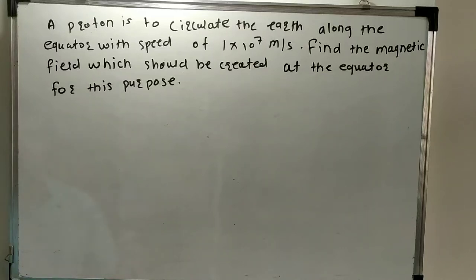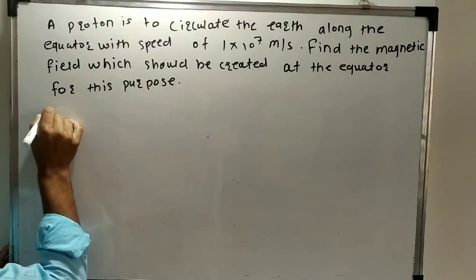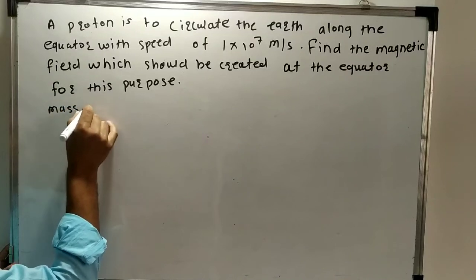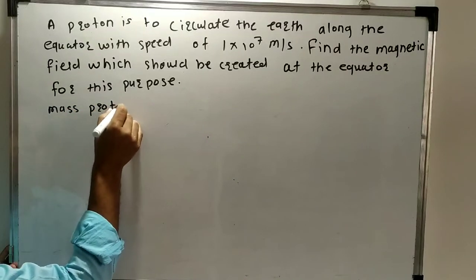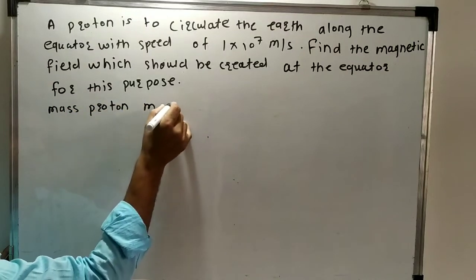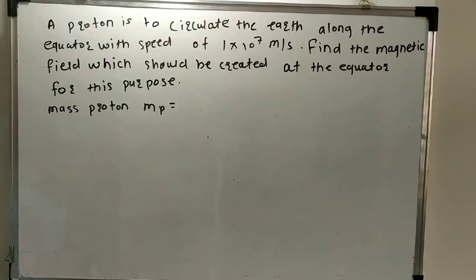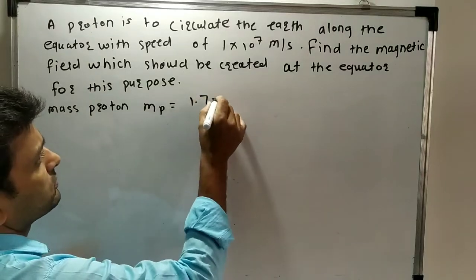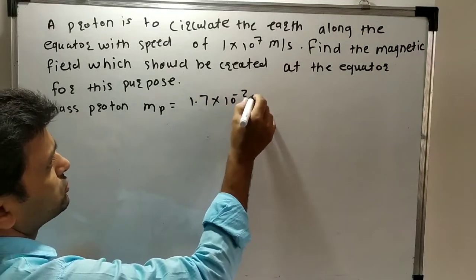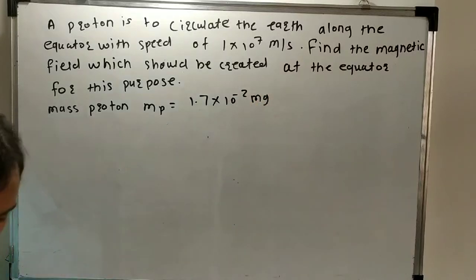The mass of the proton is given. How can we denote the mass of the proton? Mp, which is given as 1.7 into 10 raised to minus 2 mg or kg.